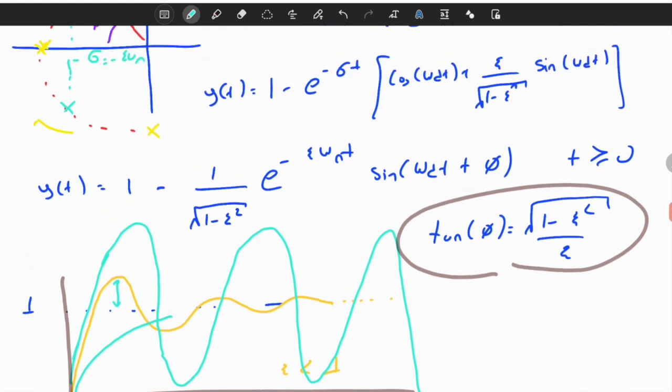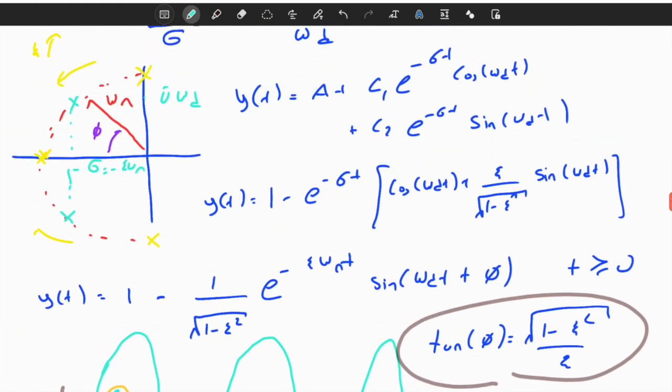So let's look at omega d. If I increase damping, I know that I will approach the real axis. It means that I will decrease this angle, or the imaginary part. So omega d, the frequency, is decreasing, and at some point the frequency will basically disappear if psi is perfectly equal to 1.